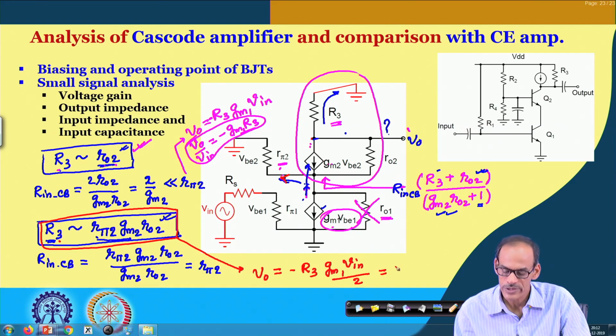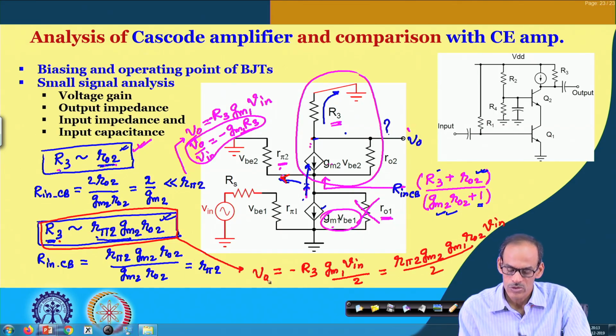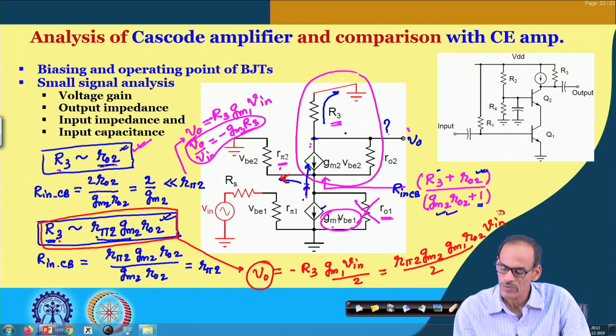So, which is R pi 2 G m2, then we have G m1 R O2 divided by 2 into V in. So, that gives V O divided by V in quite high.